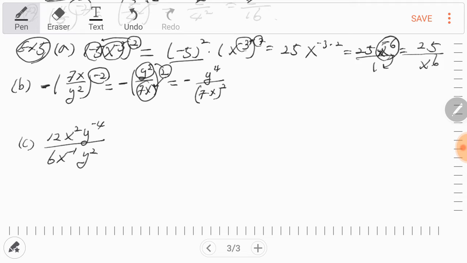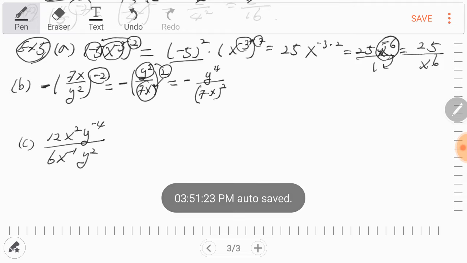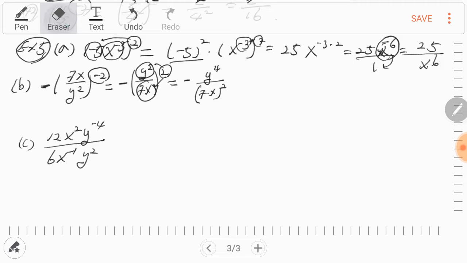Okay, wait a minute. Right. Let me write each step. So y squared is raised to the second power. And the denominator, 7x, is raised to the second power. Then the numerator, make sure the negative sign is there.